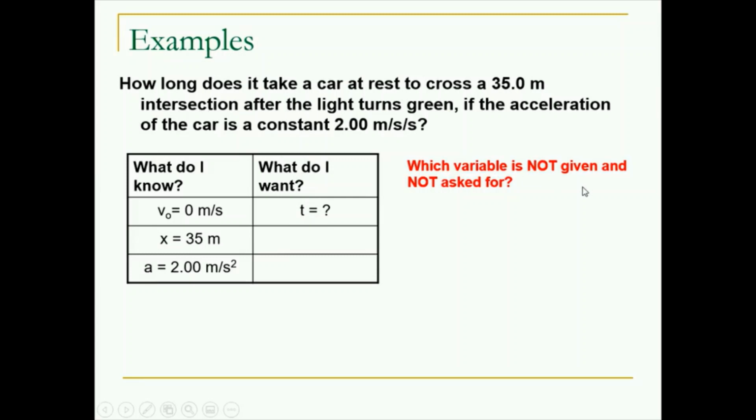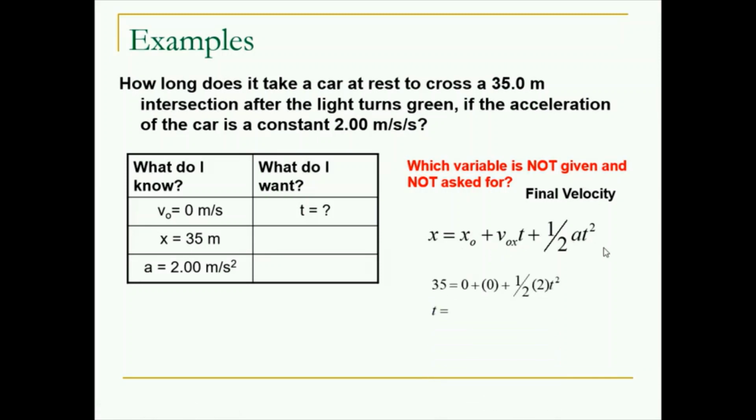Now, which variable do I not have? Well, I don't have the final velocity. It's not given to us. So I want to look for an equation that doesn't have final velocity in it. Oh, here we go. Distance equals initial displacement plus velocity times time plus 1/2 acceleration times time squared. Plug in what we know. The cool part is, notice this is going to be 0 from x naught.